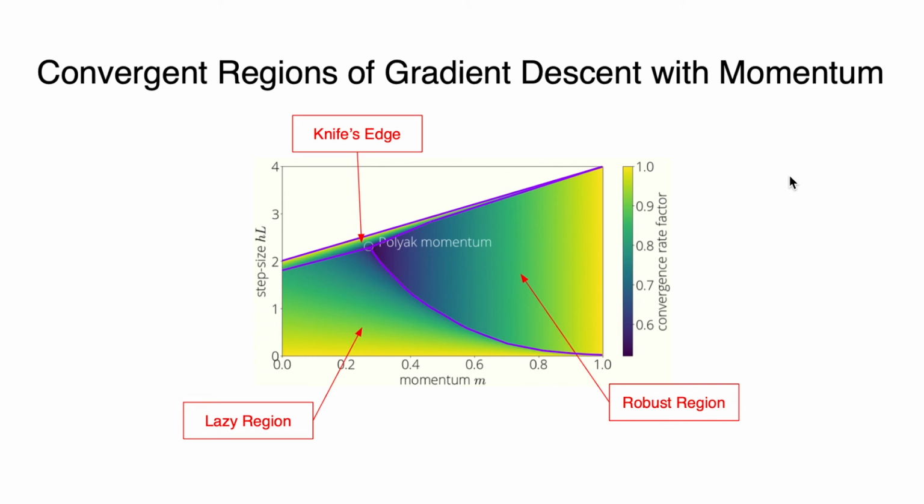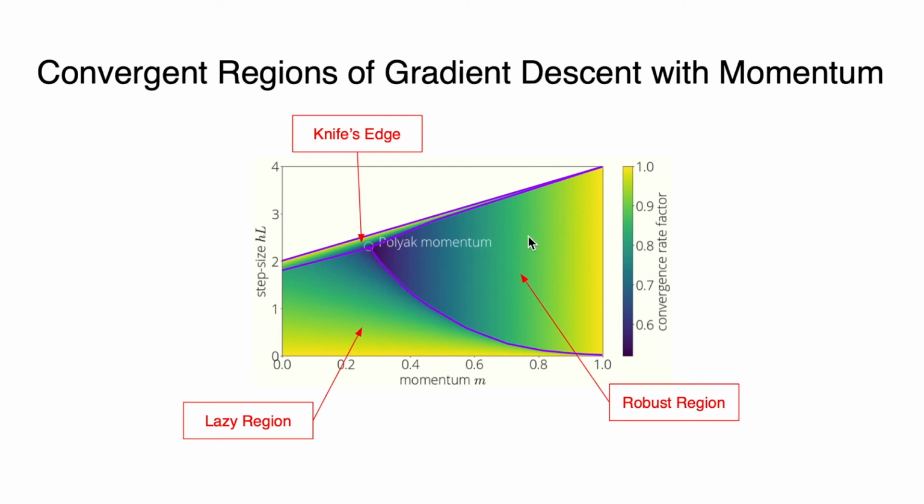As we mentioned before, however, the convergence rate within the robust region is only dependent on the momentum, which we can see here based on the change of the colors, that the setting of the learning rate or the step size does not actually impact our convergence rate. This is not true in some of the other regions where we don't see a similar pattern. Additionally, we see that the best convergence rate, given by the darkest colors in this heat map, is achieved within the robust region.